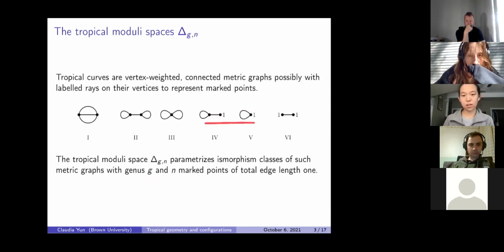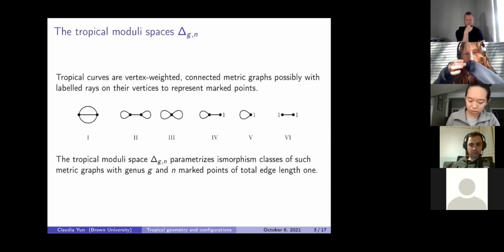And these 2, they have first Betti number 1, but they each have total vertex weight 1. And so we're going to add them, and then we're going to get genus 2. And we impose this total edge length 1 condition so that we get a more interesting structure.